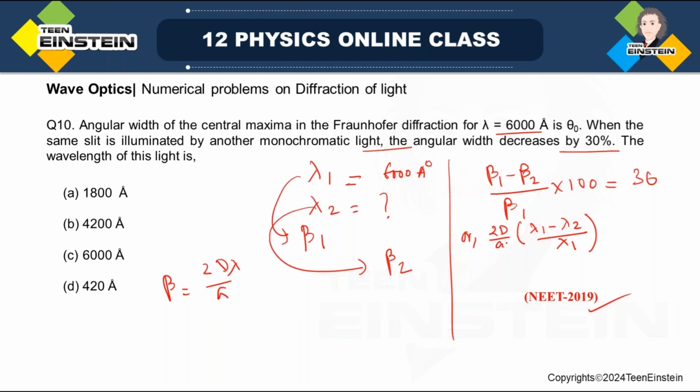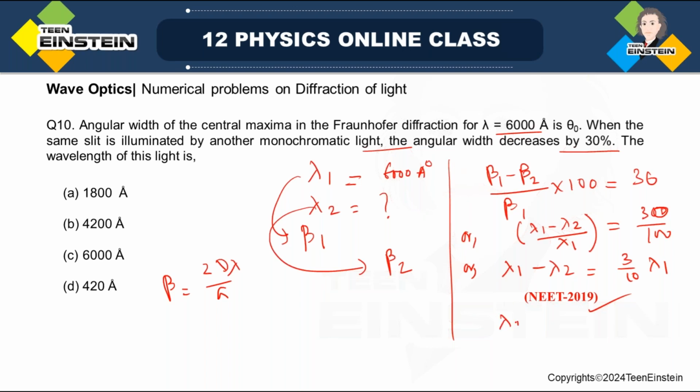Here also the same parameters will come, so this will be going away from both sides. So this will be 30 by 100. So from here we have to find out lambda 2. See, lambda 1 minus lambda 2 is equal to 3 by 10 lambda 1.